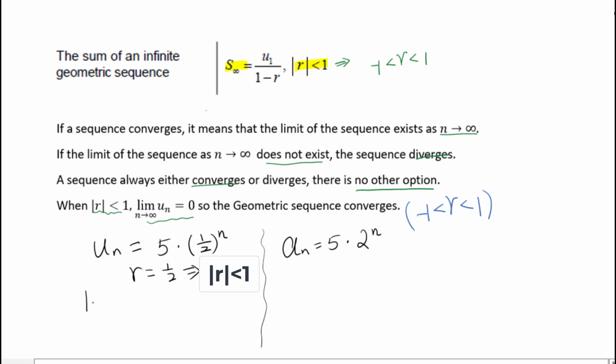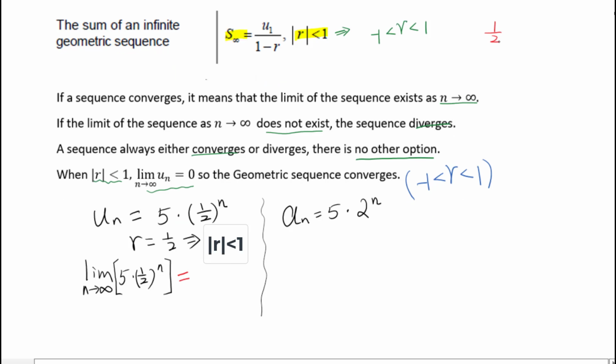Then consider the limit as n approaches infinity of 5 times 1 over 2 to the nth power. As n approaches infinity, we do know 1 over 2 to the nth power approaches 0.